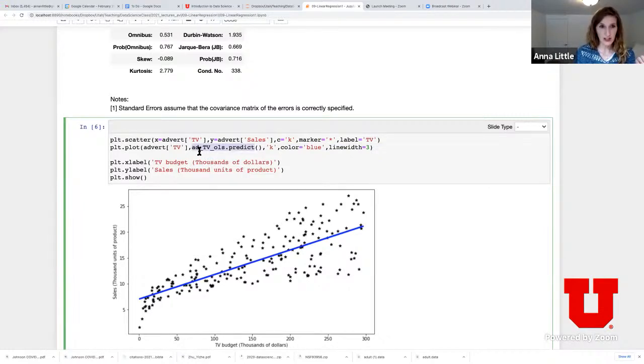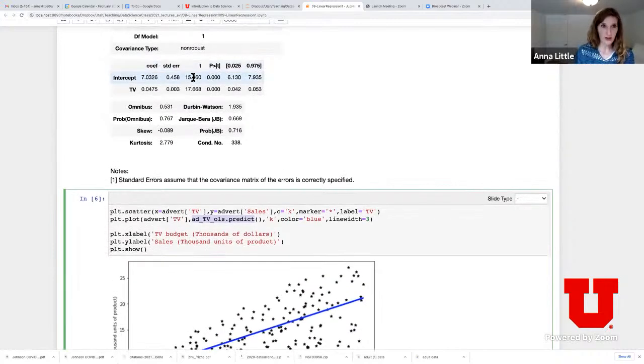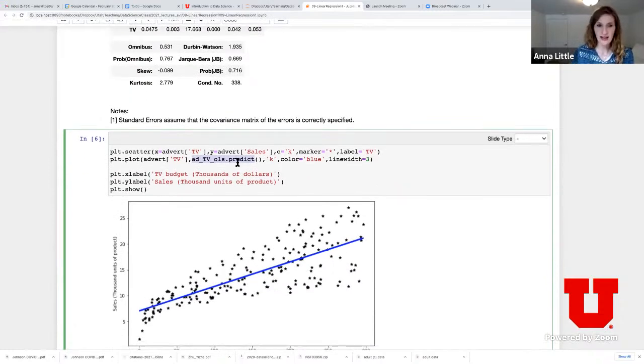So if we look at the OLS predict, that's where all the y hats are stored, and we can plot all of those y hats. They fall along a straight line, and so that lets us visualize the regression line that was computed. You can also dig out specifically the parameters, right? And you can also define your own line and add it to the plot, but this is a really easy way to get the plot.